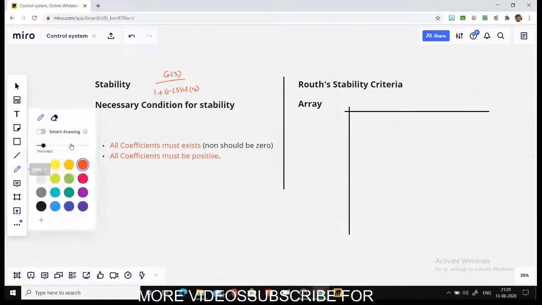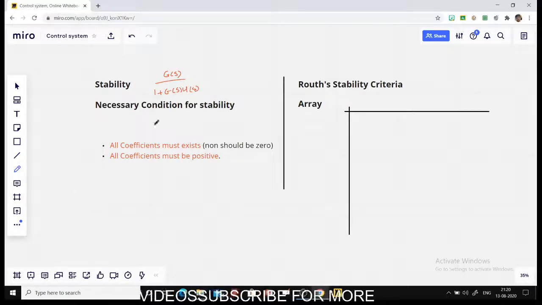Most of the time the stability conditions will come from this characteristic equation. The denominator of your function is basically the characteristic equation, and from this characteristic equation, we are going to understand the first necessary conditions for stability.